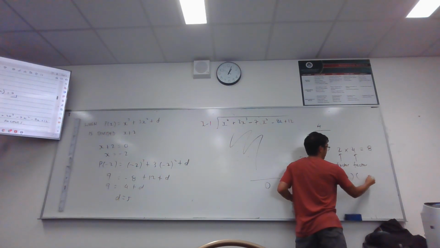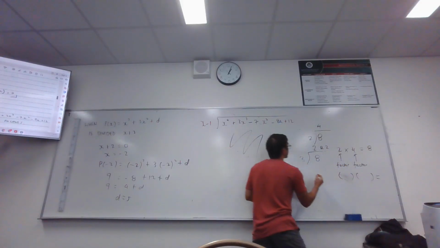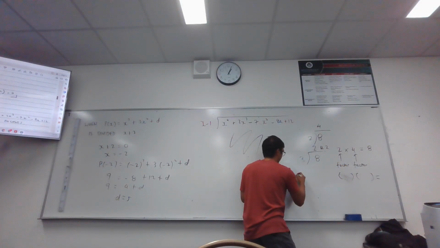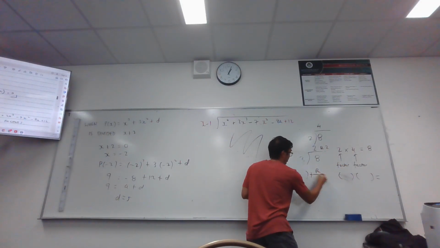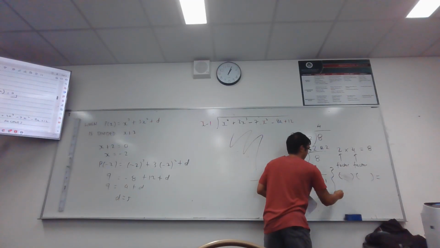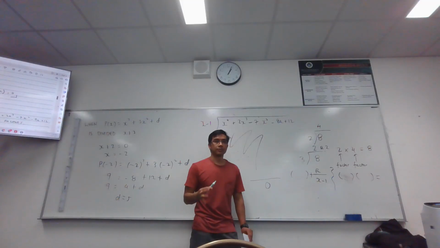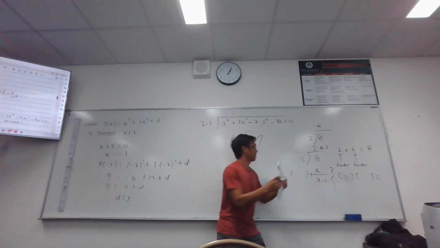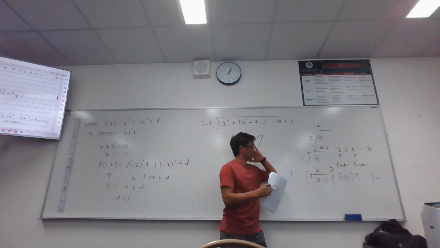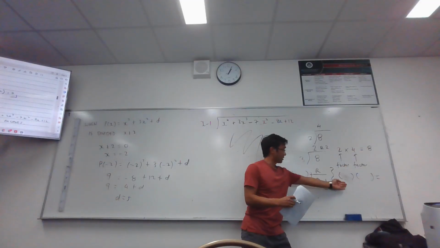If I have a factor over here, and then I have a remainder over something, I'm just going to say x minus 1. Hopefully you get this bit here. This is factors.